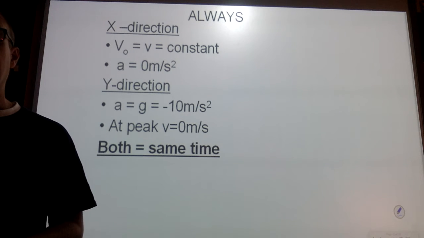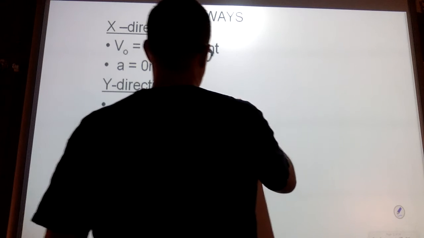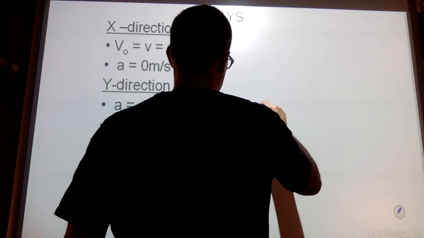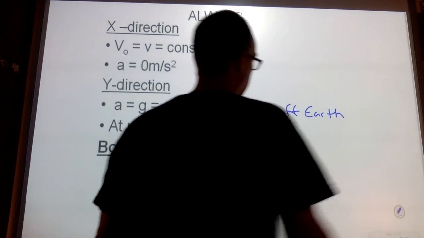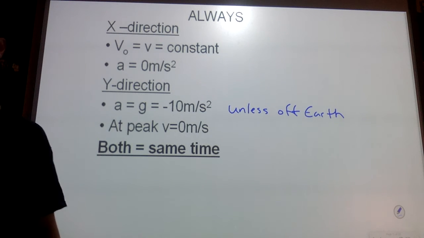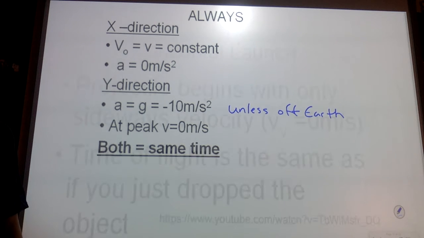In the y direction, your acceleration is always negative 10. Unless you're off Earth, which there will be problems on the moon and such. So at the peak, at the highest point, your velocity in the y direction ends up being 0 momentarily. And for both of our charts, they're going to share the same time because we're really talking about the total velocity.